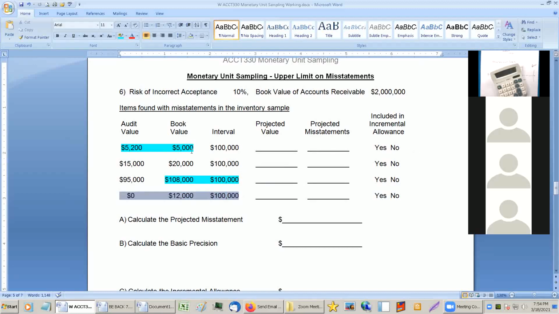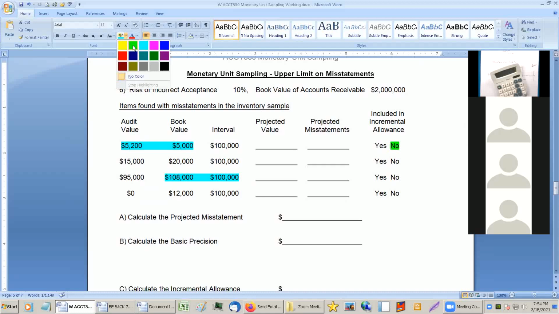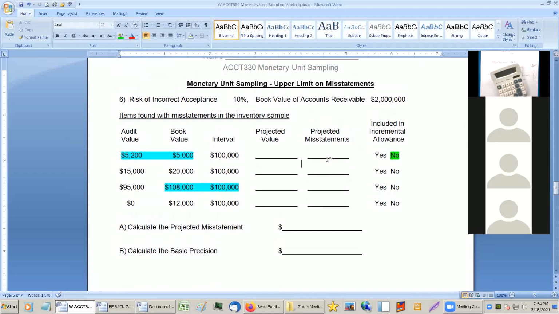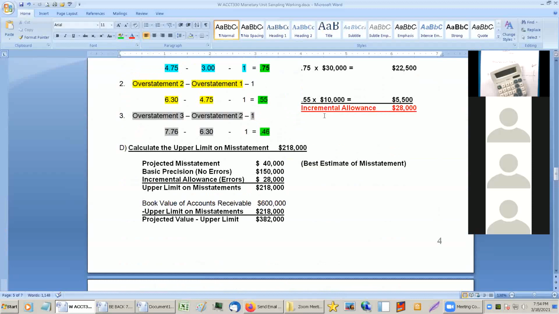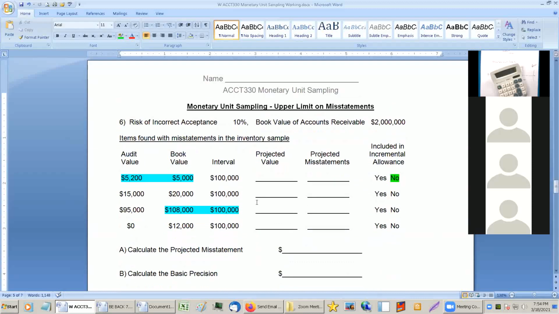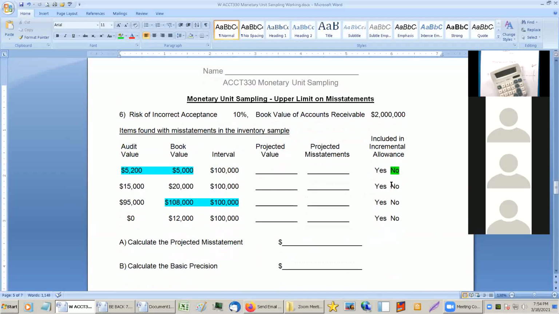Well, this first one, since there is no misstatement, would it be an incremental allowance? No. And by the way, even if there was, if you multiply anything times 0. All right. This one, would it be an incremental allowance? Second one? Yep. This one would have an incremental allowance because this is less than the interval.